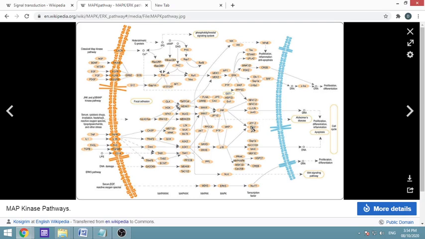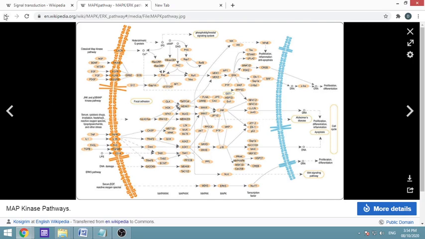This is how the pathway results in nuclear activities, and how many molecules, how many proteins, how many enzymes, how many kinases are actually involved. This is a schematic representation. I will not go through that, and I am not expecting that you should read it.